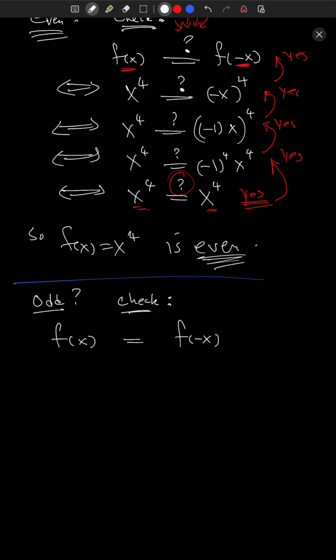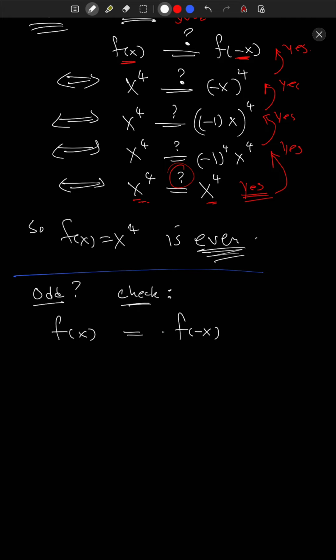And the relationship between them has to be that they're negatives of each other. And again, it doesn't matter which side I put the negative sign on. Let me put it on the right side in this case. Because I put it on the left side earlier, and I just want to emphasize it doesn't matter which side. Okay. All right. So again, we're checking whether this is true or not.